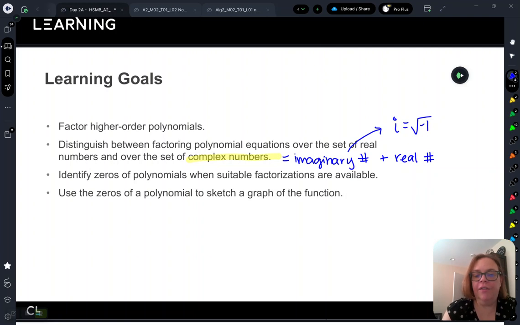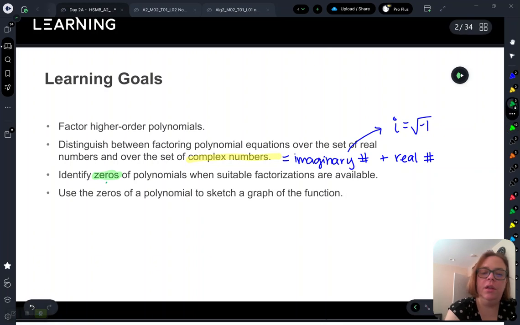We're also going to identify zeros of polynomials when suitable factorizations are available. Okay, so just reviewing that word right there, a zero is a value that makes the polynomial equal to 0.